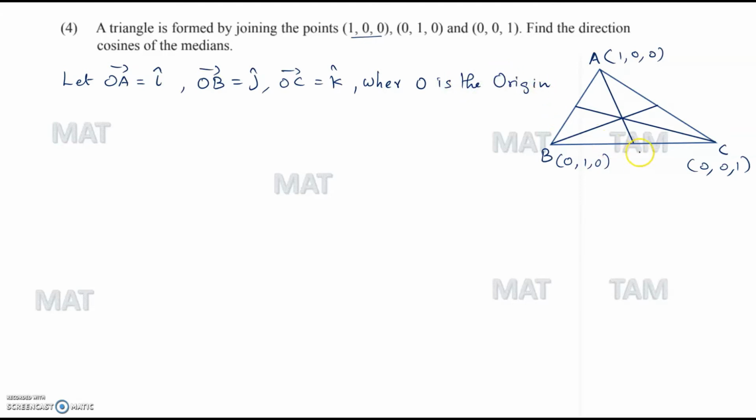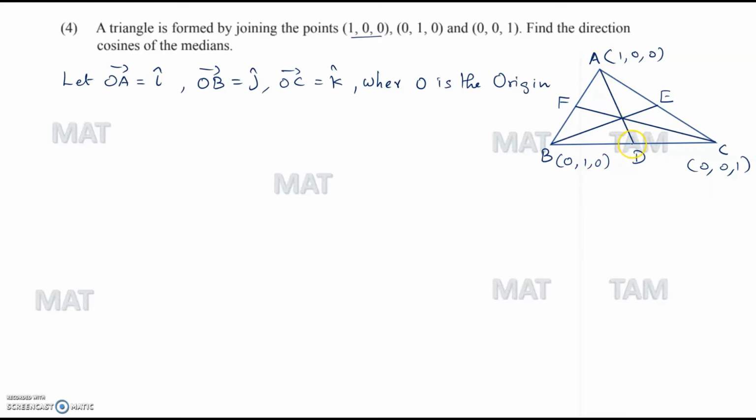Now let's define D as the midpoint of BC and E as the midpoint of AC and F as the midpoint of AB. So what we're asked to find is the direction cosine of the medians, which is AD, BE and CF. Okay, so let's take the first case where we need to find the direction cosine for AD.